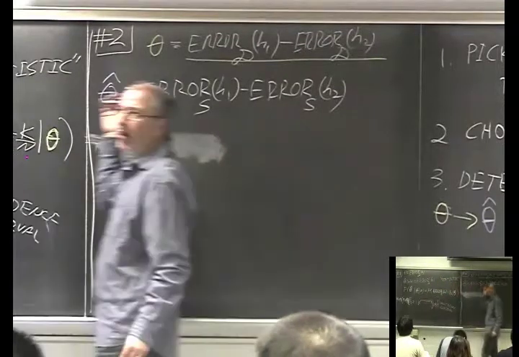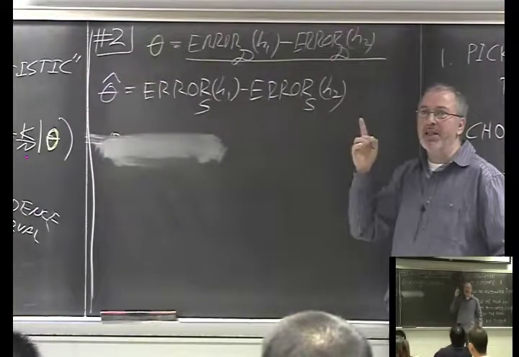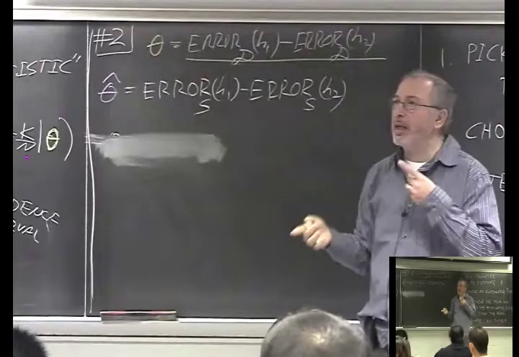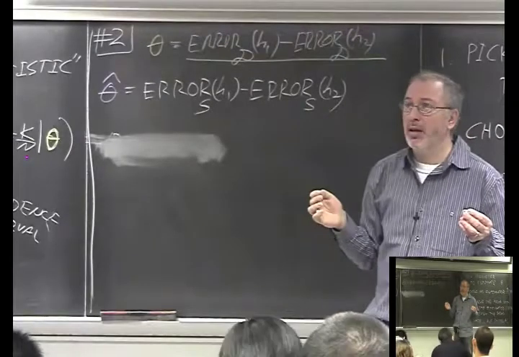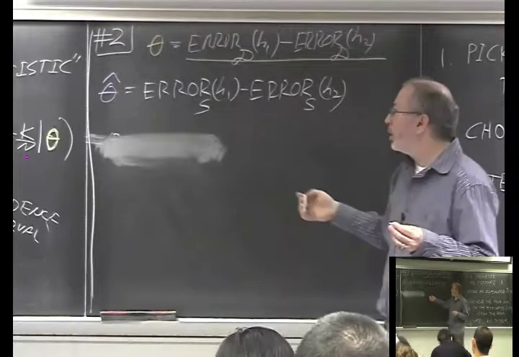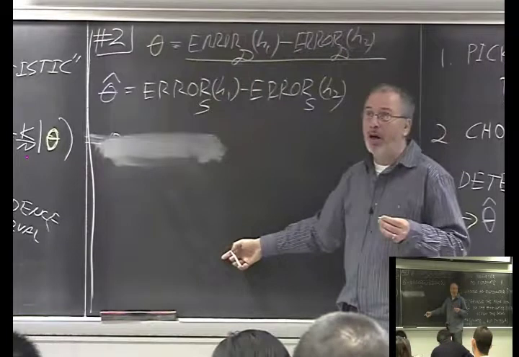It's just that instead of estimating the error of a single hypothesis, we're estimating the difference between two hypotheses. But other than that, it's kind of the same thing. And as a result, the formula we get for number 3 and number 4 are also very similar.